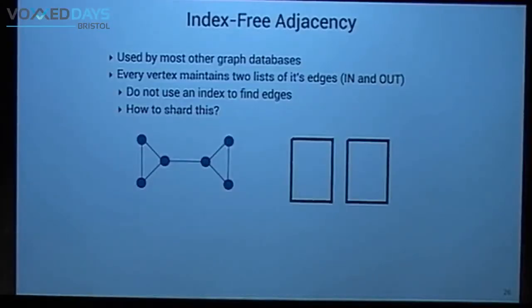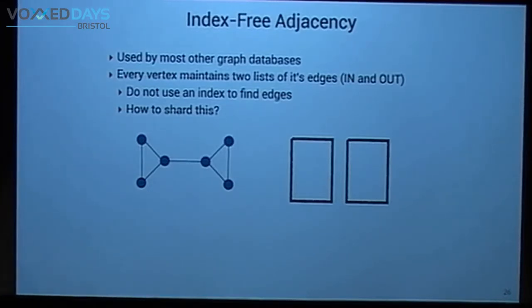First of all, let's talk a bit about index-free adjacency, because index-free adjacency is advocated by most other graph database vendors as the one and only thing useful for graph databases. It means that every vertex maintains 2 lists of edges itself.